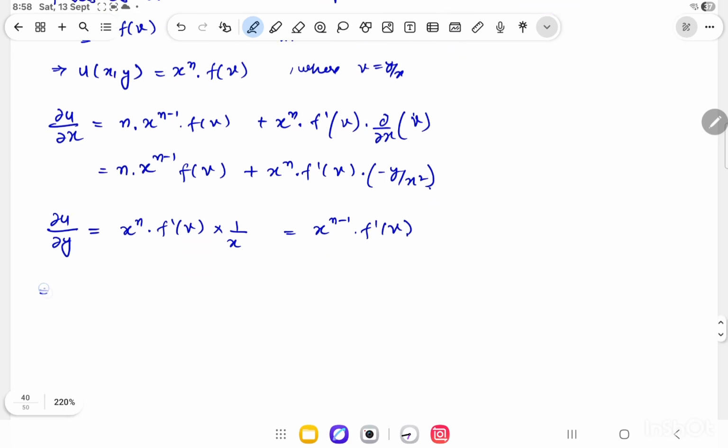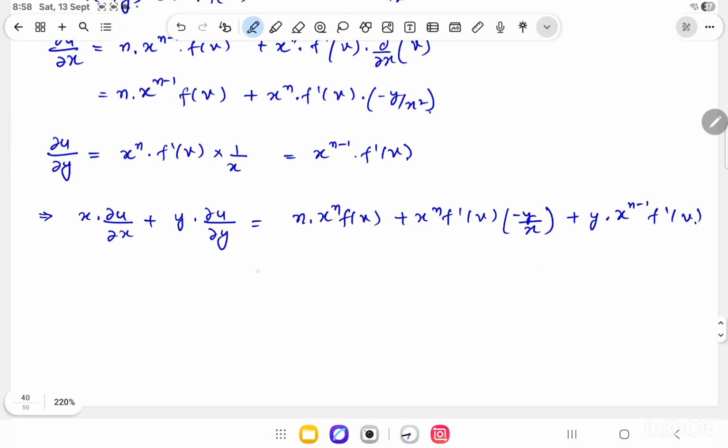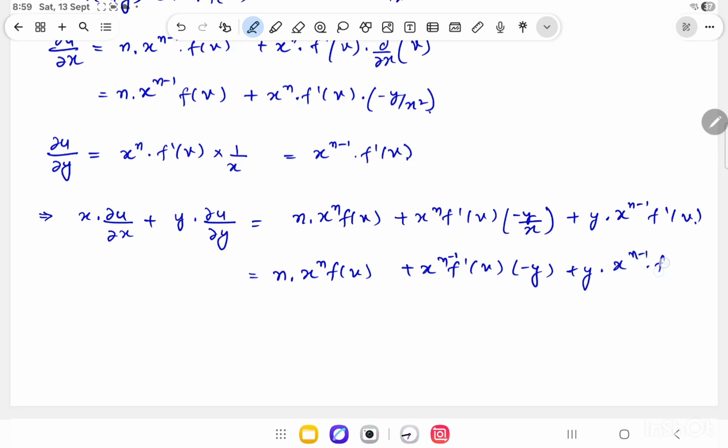So from here, if I solve for x into del u by del x plus y into del u by del y, I will get n into x raised to n into f of v plus x raised to n into f dash v into minus y by x plus y into x raised to n minus 1 into f dash v. So this is basically equal to n into x raised to n into f of v plus x raised to n minus 1 into minus y plus y into x raised to n minus 1 into f dash v.